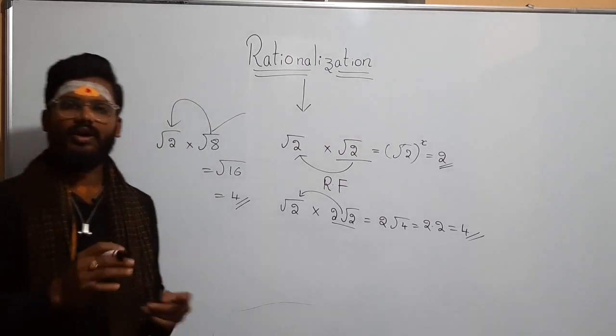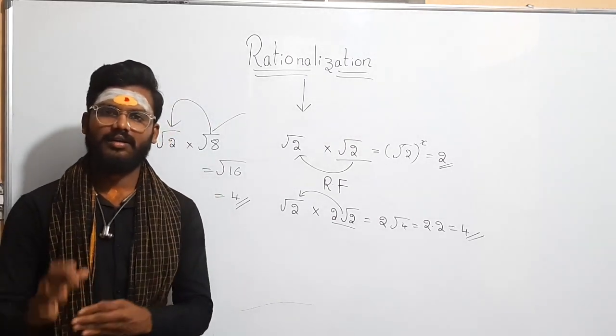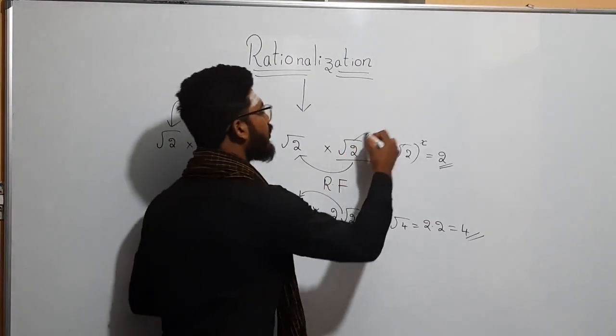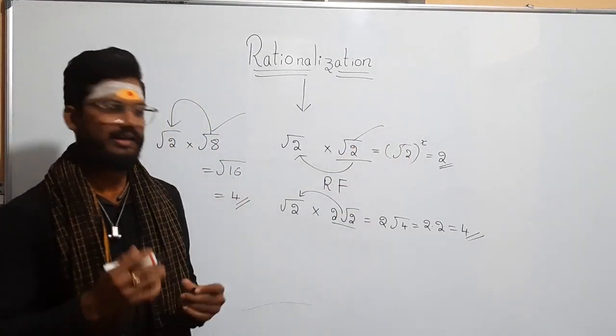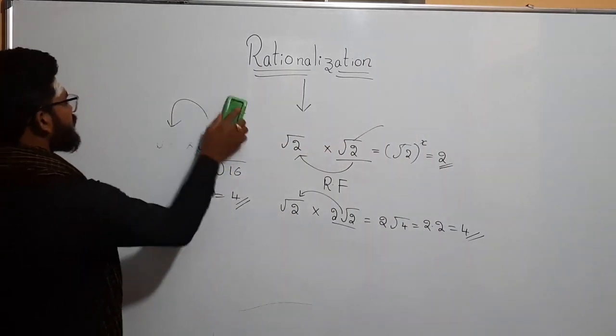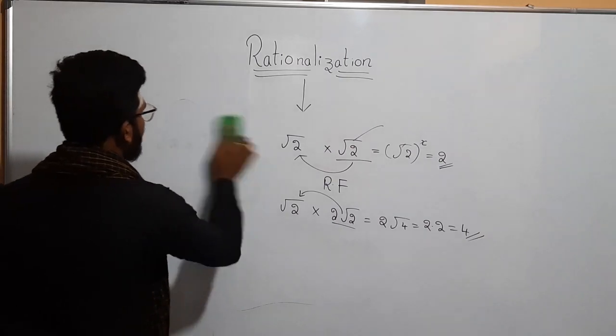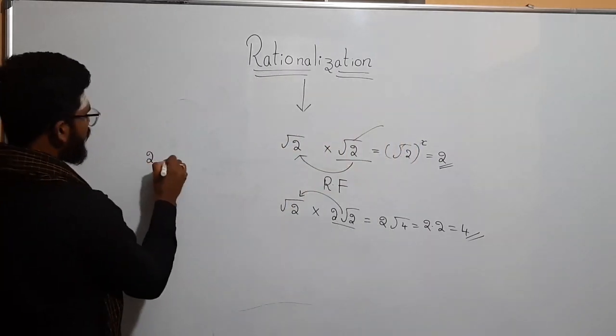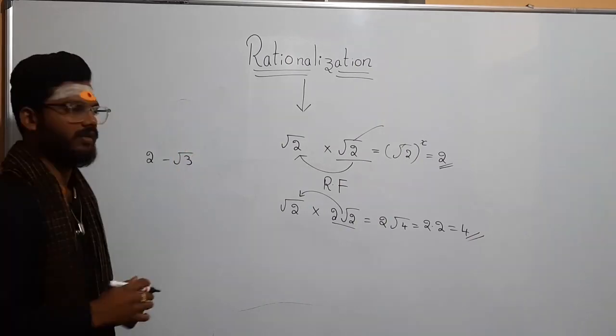But here, what is the least rationalizing factor? The least rationalizing factor for root 2 is root 2 itself. Right? In the same way, let me take one more example. 2 minus root 3.